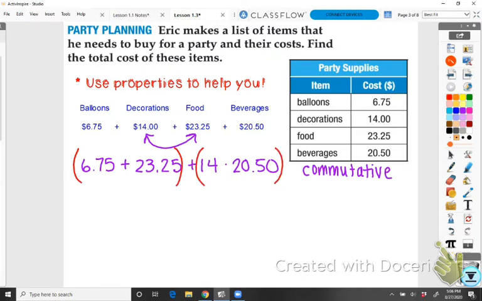Well, why did I do that? Well, 75 cents plus a quarter is a nice, easy whole dollar. So these two added together is just 30. And then 14 plus 20.50 is 34.50. So when I grouped it, I used the associative property.